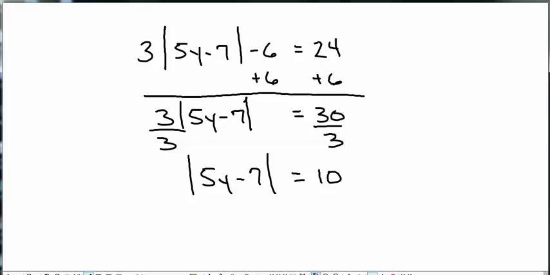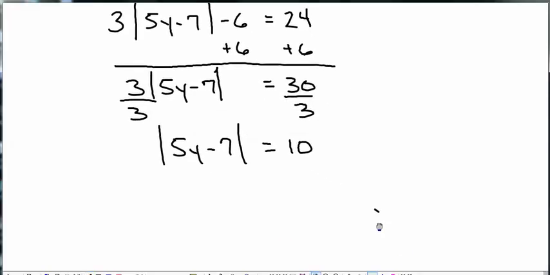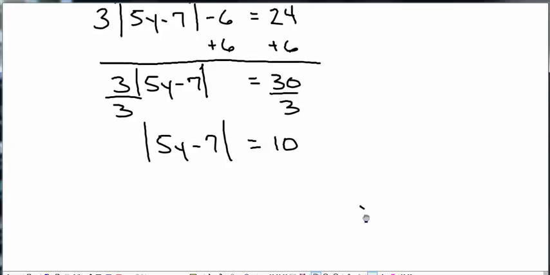When you get to this step, this is where you always just say, okay, I got it isolated. I stop for a second. And you think, I'm going to drop the symbols and rewrite it twice. So I'm going to rewrite it as 5y minus 7 equals 10. And I'm going to rewrite it as 5y minus 7 equals negative 10. And then you just keep going and you solve it twice. So you would add 7.